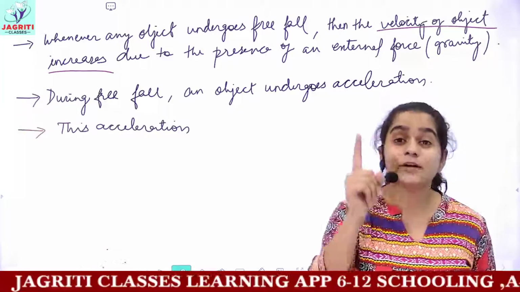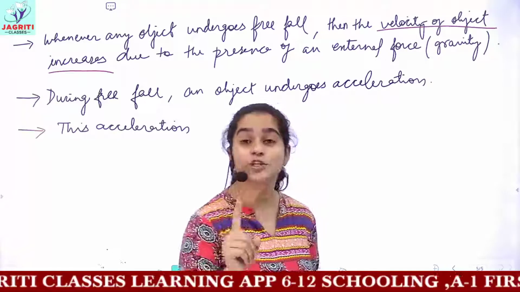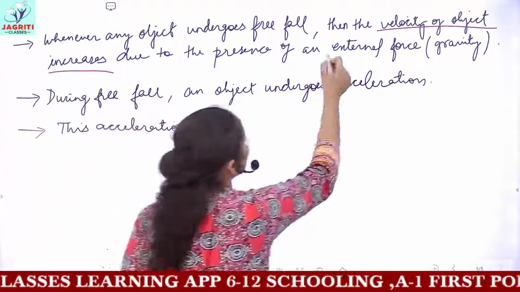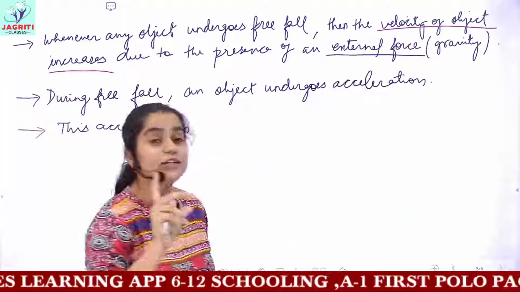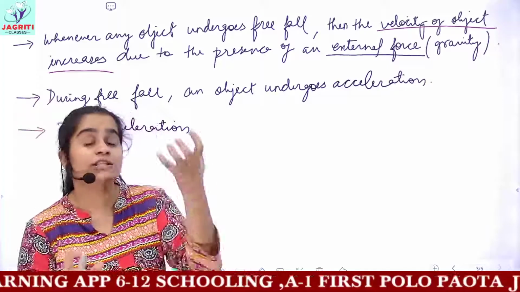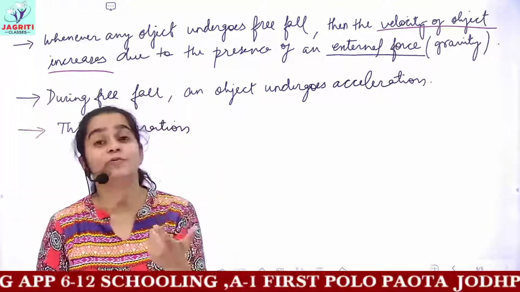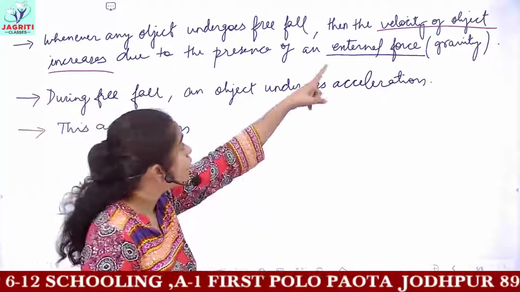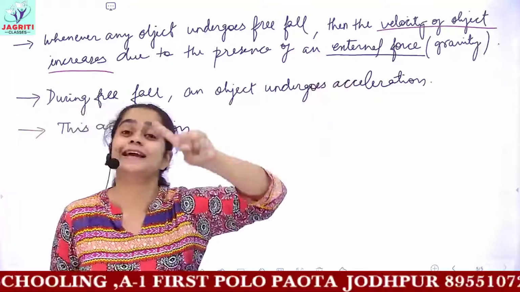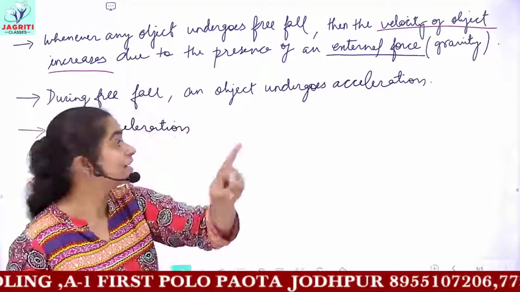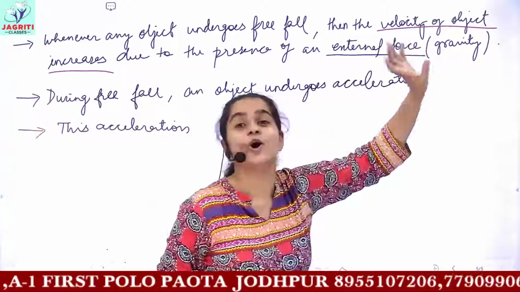So the factor or the agent which is responsible for changing the velocity is the external force. Because there is a kind of force applied on the objects, therefore the velocity is changing, or you can say it is undergoing acceleration. So the external agent is the gravity of Earth.